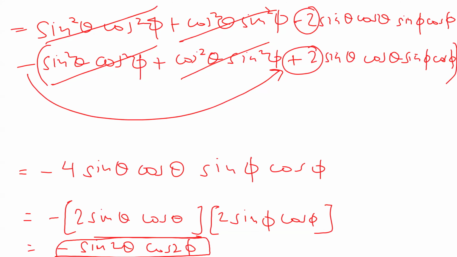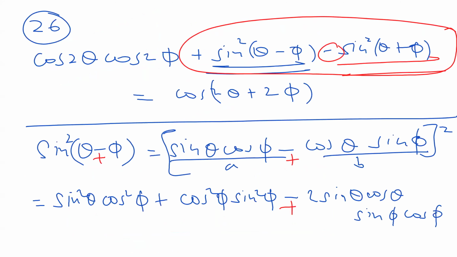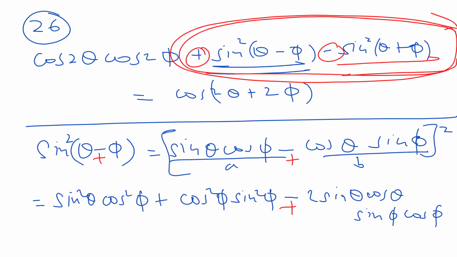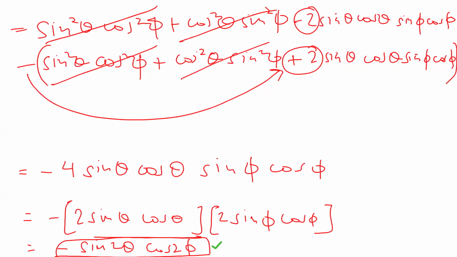Yeah. So now this particular part, I'm going to put it over here, wherever I have encircled, and there is a plus sign. So our LHS will be cos 2 theta cos 2 phi minus, because the circled part I have got over here is negative, minus sine 2 theta cos 2 phi.